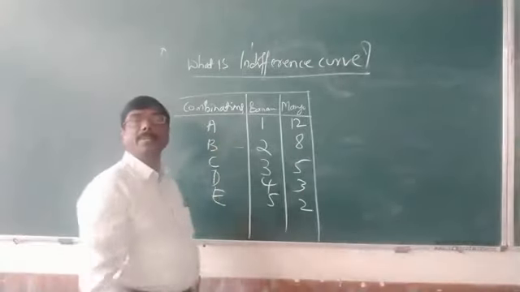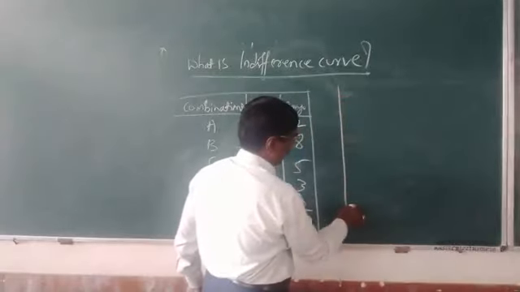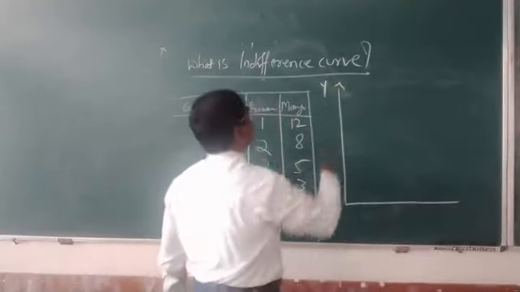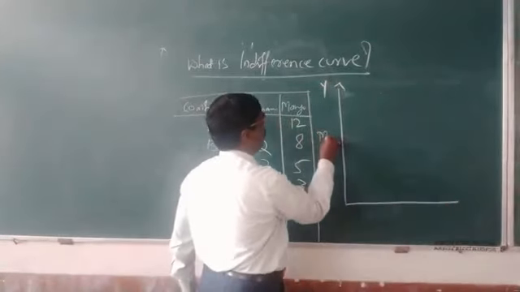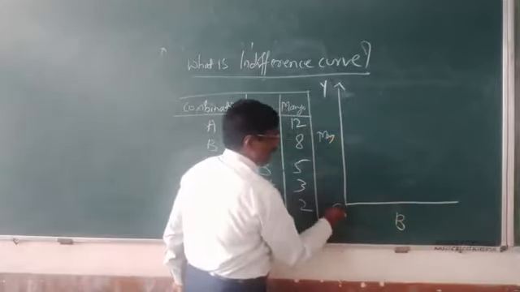This table may be explained with the help of a diagram. Draw this figure. Along the y-axis we measure mango, and along this axis we measure banana.